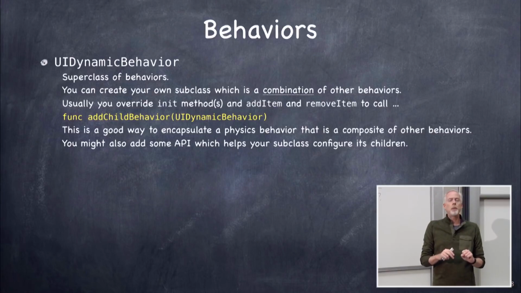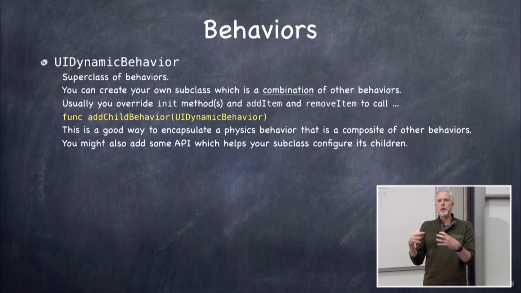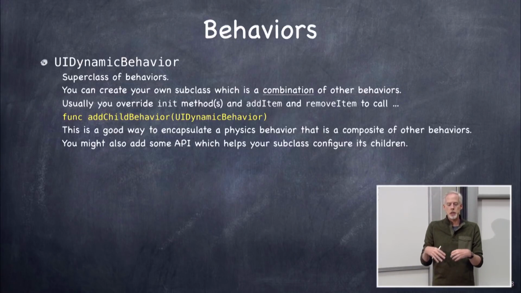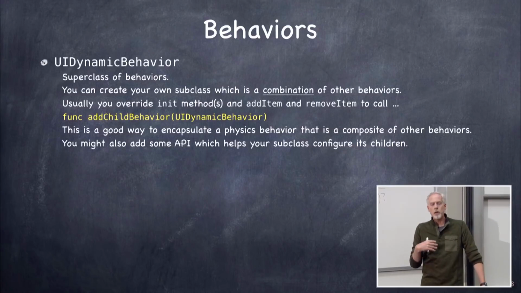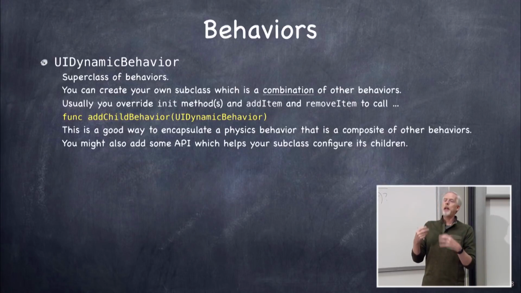What you do with UIDynamicBehavior is you collect other behaviors, like collisions and gravity and all this stuff, into one behavior. So that you have one behavior that you add your items to, and it's got all these children behaviors that are making it behave in all this way. And we're going to do this in the demo as well. And the way you do this is you call addChildBehavior on yourself if you're a UIDynamicBehavior subclass, and it now causes that behavior to be your behavior.